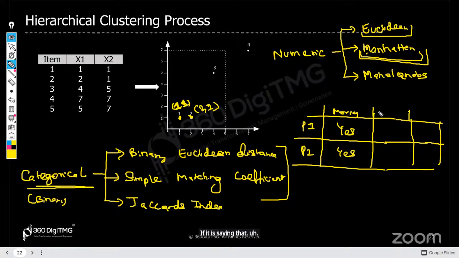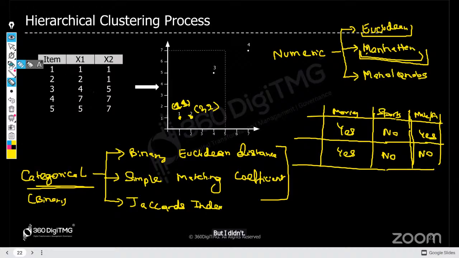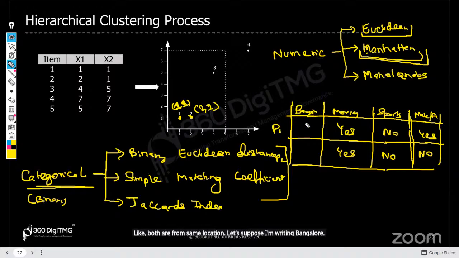Both persons do not like sports, no, no. One person is male, yes, and one person is female, no. And at the end, P1, P2, whether both are from the same location, let's suppose Bangalore, we can say no and yes.